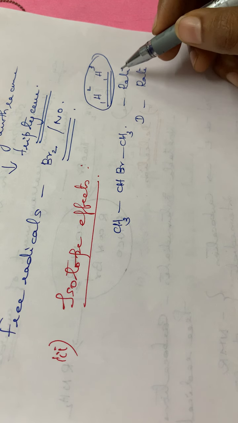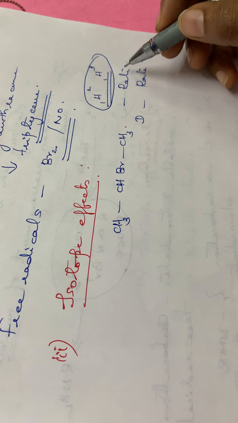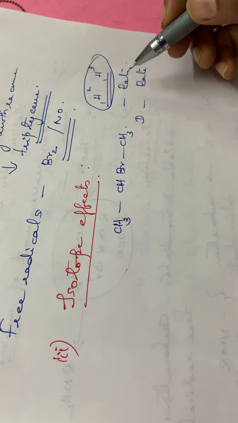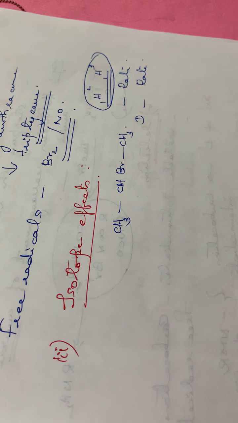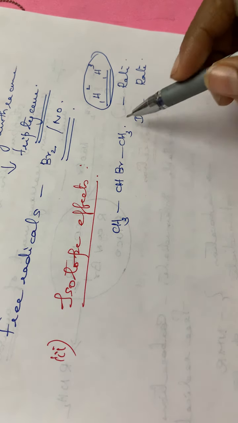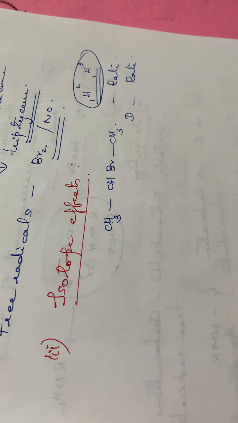Okay, by determining the rate or by substituting these hydrogens with its isotopes, we can determine the rate. And by knowing the rate of the reaction, already we have seen the rate depends on either the concentration of the substrate in one case, or in the second case the rate depends on the concentration of the substrate and the nucleophile, isn't it? So thereby we can know about the mechanism followed in that particular reaction.